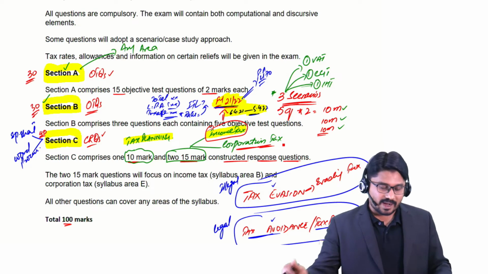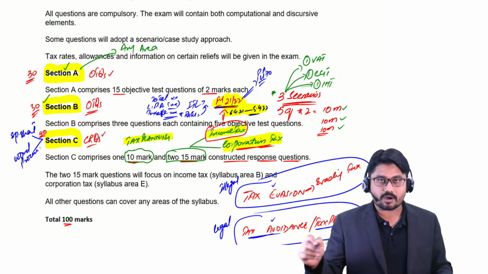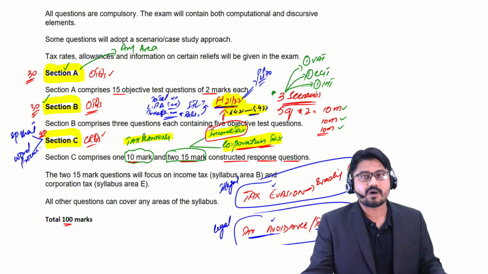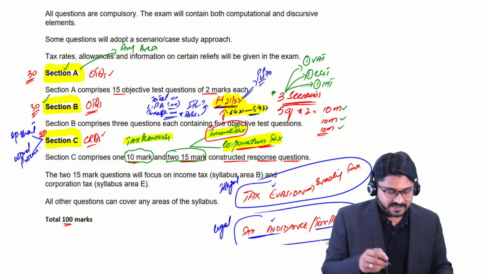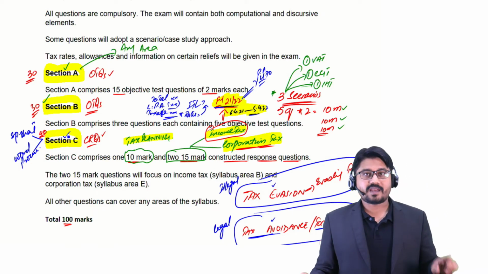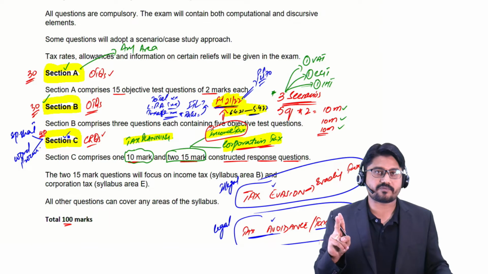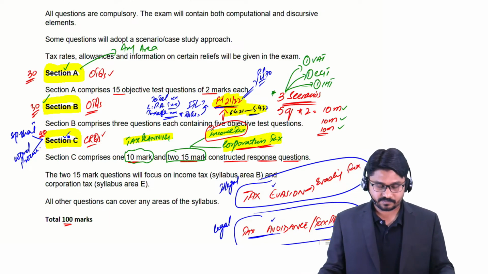So these two are the important areas, and income tax questions plus corporation tax questions are examined in section C for 15 marks each. So we discussed the areas relevant to section C: a 10 mark question for tax planning, and 2 constructive response questions for income taxes and corporation tax.